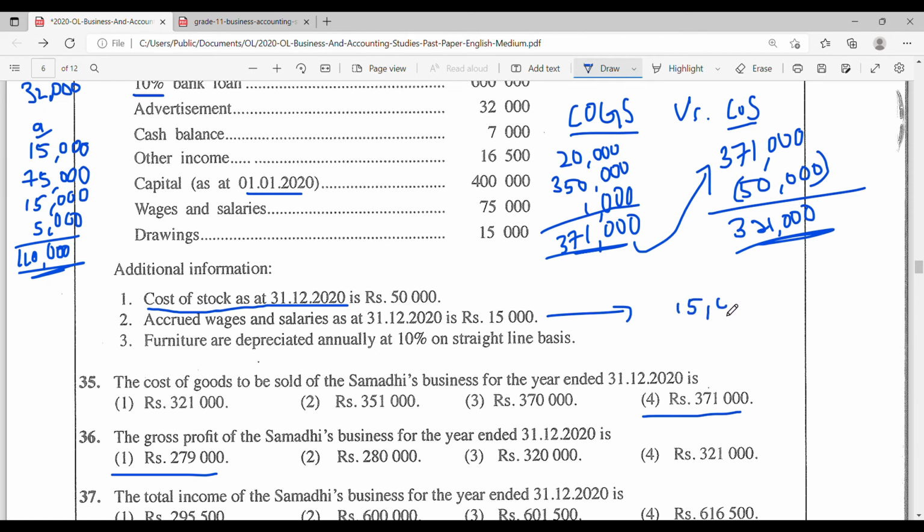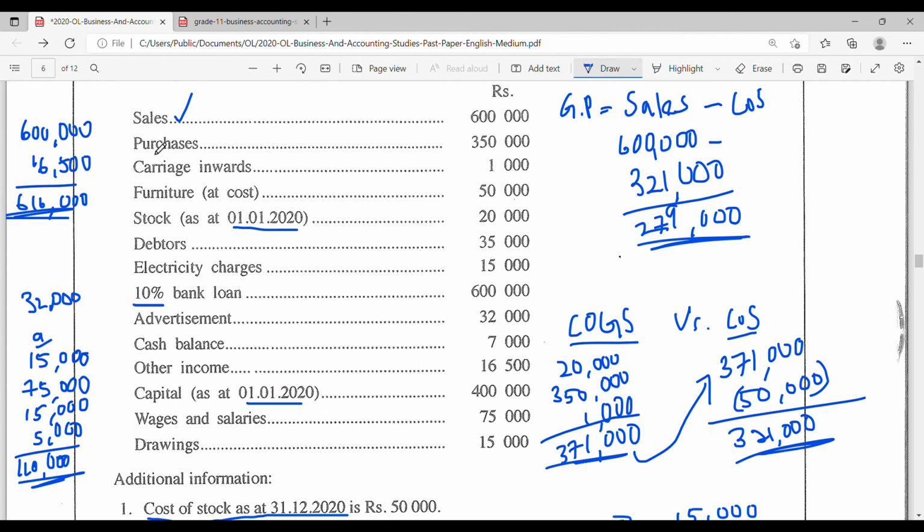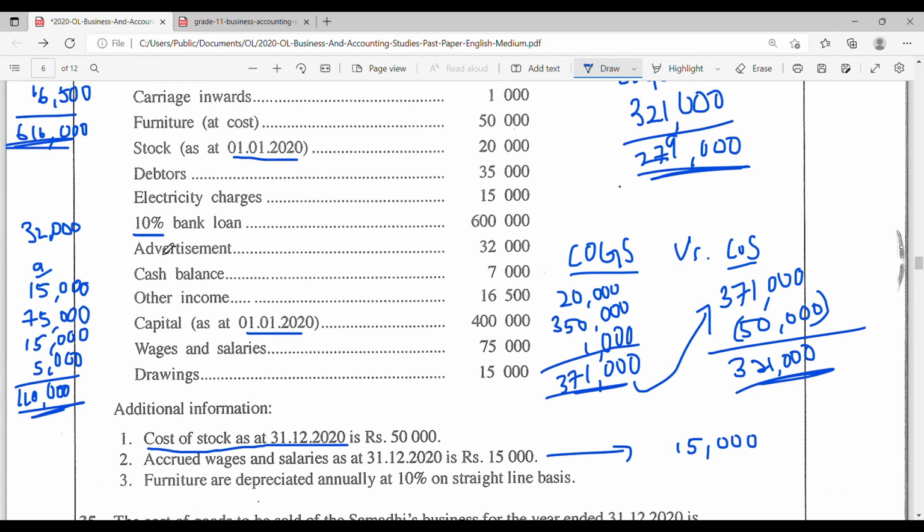So that will clearly fall under current liabilities. But apart from that, looking at the trial balance, you can see that they haven't clearly mentioned any current liabilities. But remember, when we did the question before, we understood that they haven't accounted for the finance cost, the 60,000 finance interest that they have to pay on this bank loan.